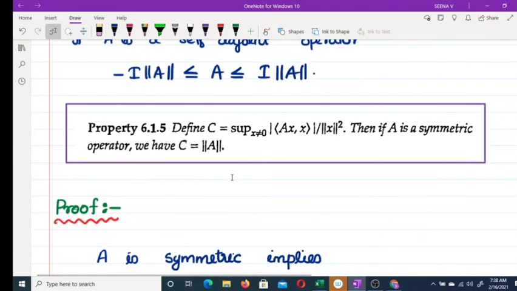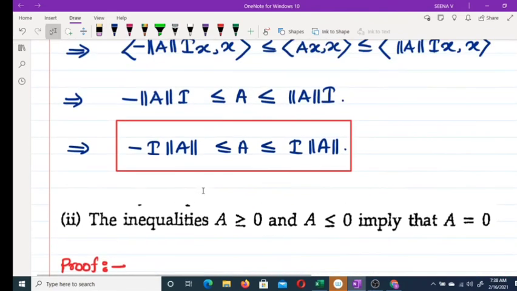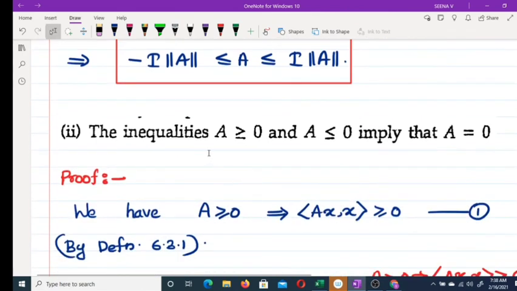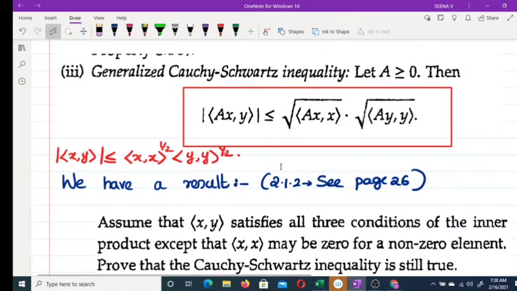And the next property: minus I times norm of A less than or equal to A less than or equal to I times norm of A. Now the next, the inequality: A greater than or equal to 0 and A less than or equal to 0 implies A equal to 0.